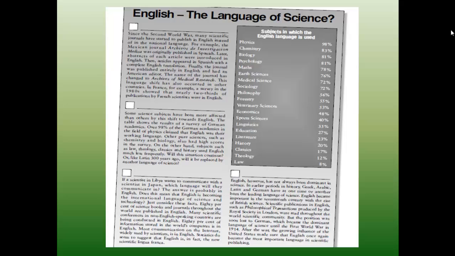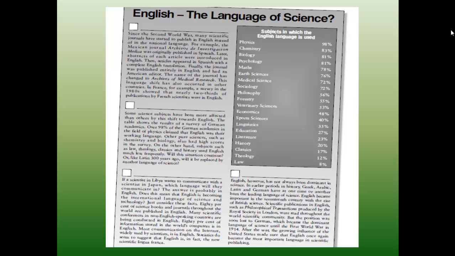Later, abstracts of each article were introduced in English. Then articles appeared in Spanish with a complete English translation. Finally, the journal was published entirely in English, and it had an American editor. The name of the journal has changed to Archives of Medical Research.